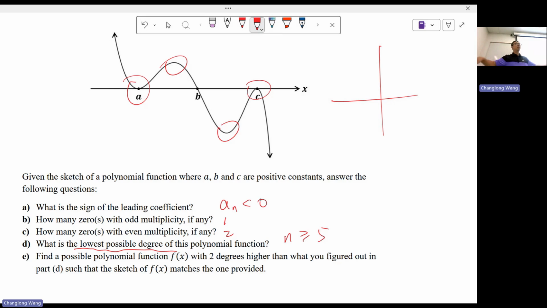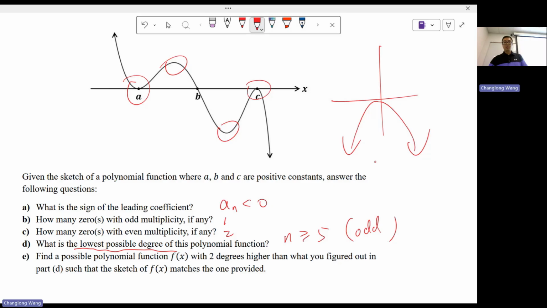It goes down in both directions. Therefore, that doesn't match what we have over here. That means it has to be odd. Based on the number of turning points, the degree has to be at least 5, but it has to be odd. Okay, does it make sense?